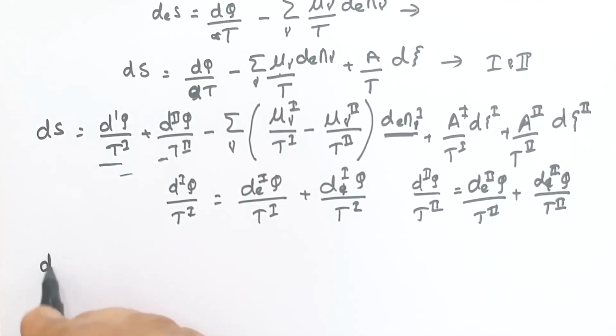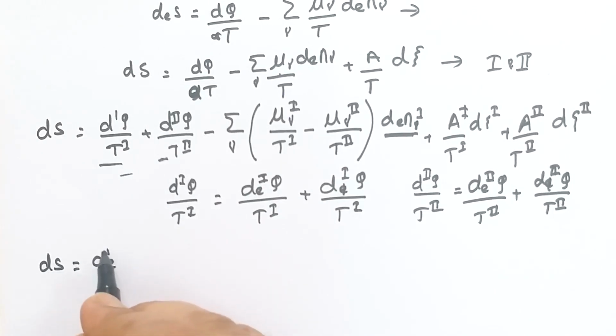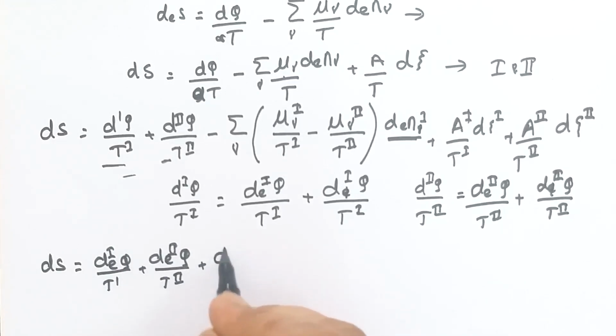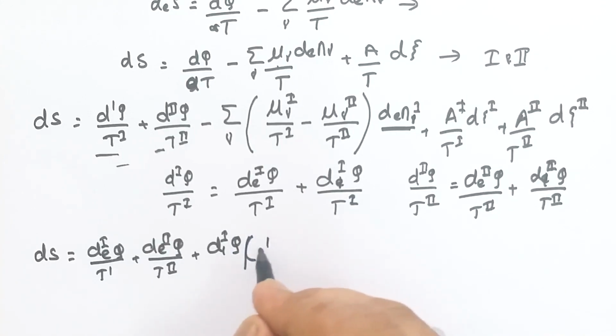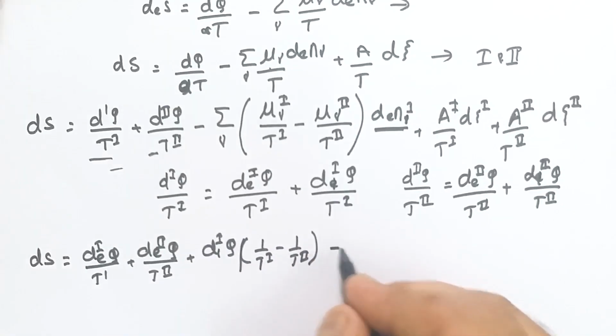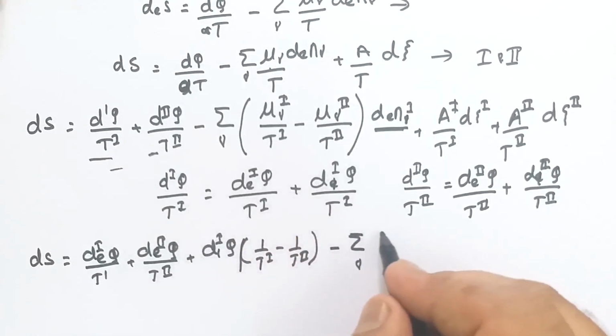Okay, so both these values we will be substituting in this expression, and hence our final expression will become dS is equal to, we will have dE1 phi upon T1 plus dE2 phi upon T2 plus dI1 phi into, we will have 1 upon T1 minus 1 upon T2 minus, we will have summation, and all the other terms will remain as such.